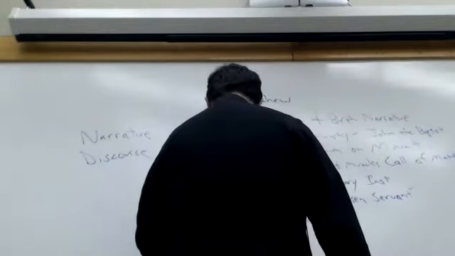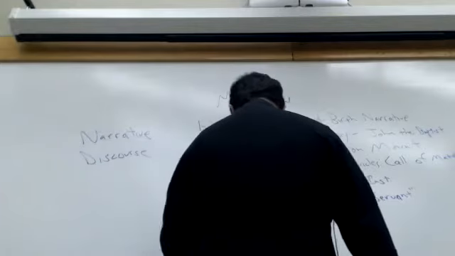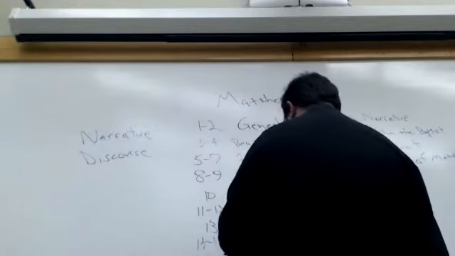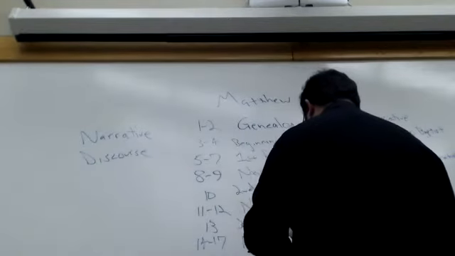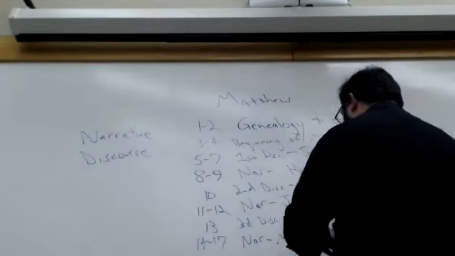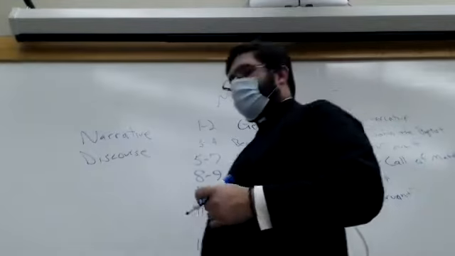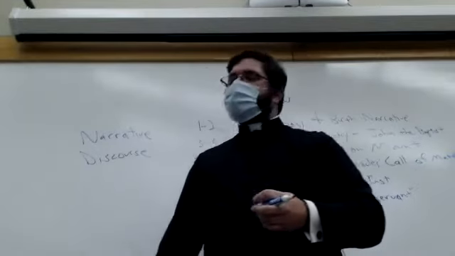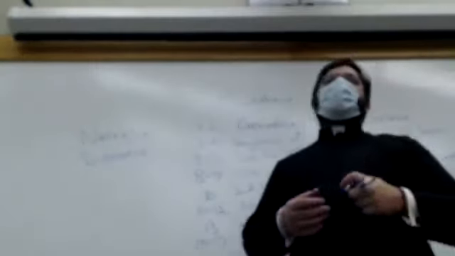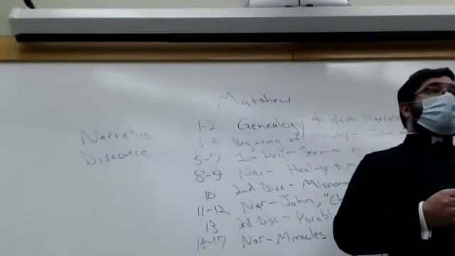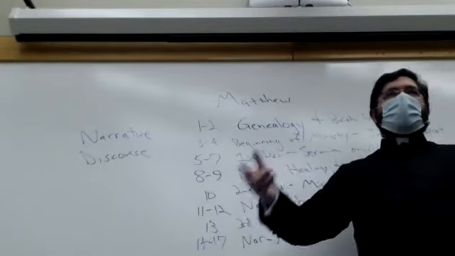Then, going back into narrative, there are various miracle stories that are recalled in these chapters, 14 through 17. Events such as Jesus feeding thousands of people miraculously, and walking on water.